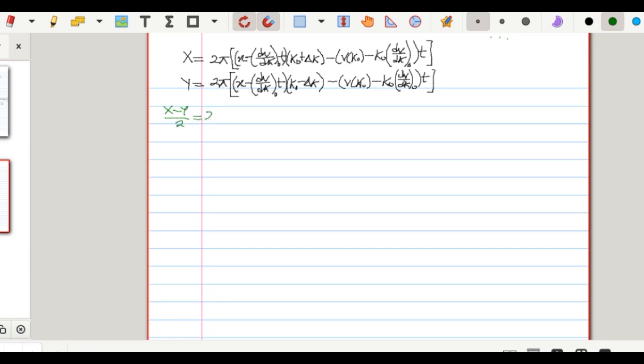So in the same way we did, we are going to factorize 2 pi out, then open this bracket and then subtract it, open this one too, and then subtract it from this.